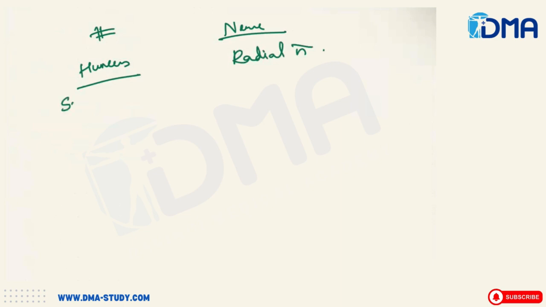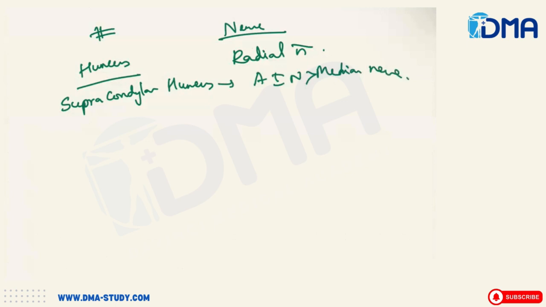In case of a supracondylar humerus fracture, anterior interosseous nerve is injured more often than the median nerve. Then, whenever there is a hip fracture, chances of sciatic nerve injury is there. Whenever there is a knee fracture, the chances of common peroneal nerve injury is there. Whenever there is a fracture in the elbow region, the chances of ulnar nerve injury is there.